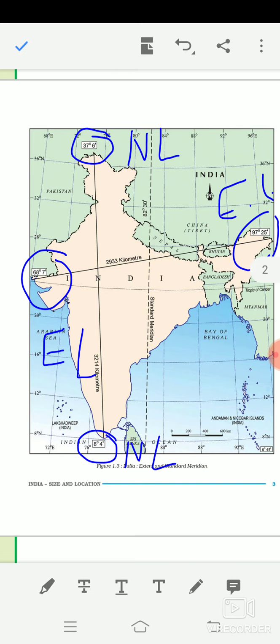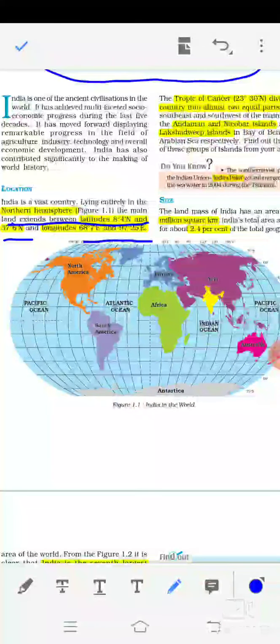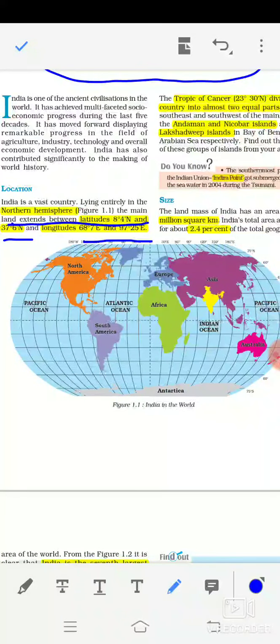Now coming to the next point, we are seeing the location. This point is very, very important. You need to memorize that one. And one more thing, what is highlighted here, you need to also highlight in your book because it is important.